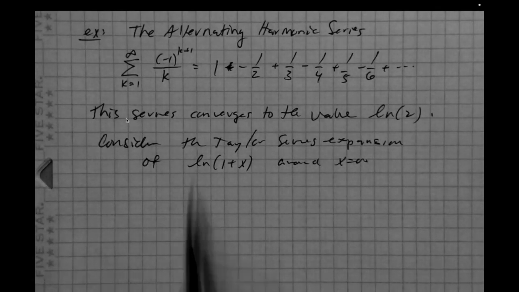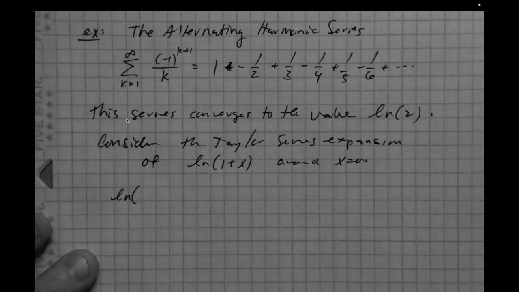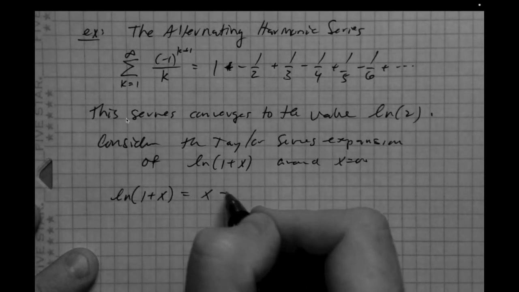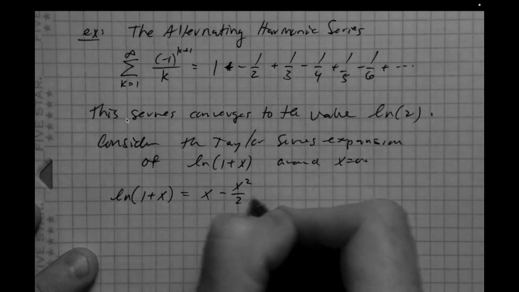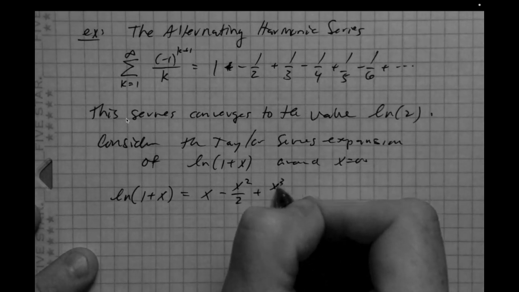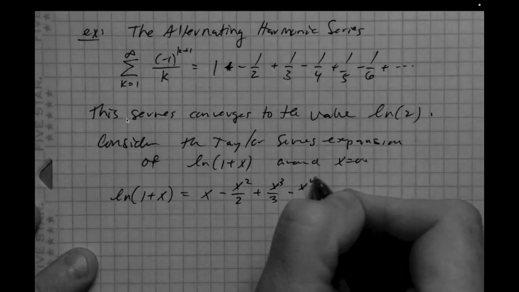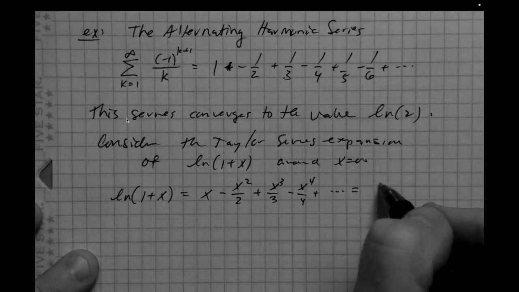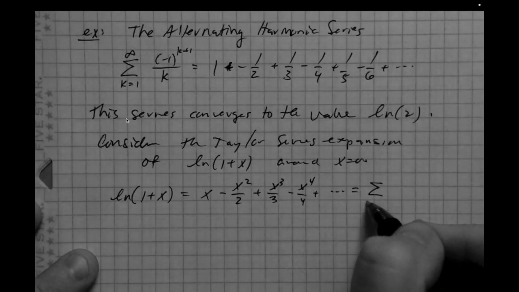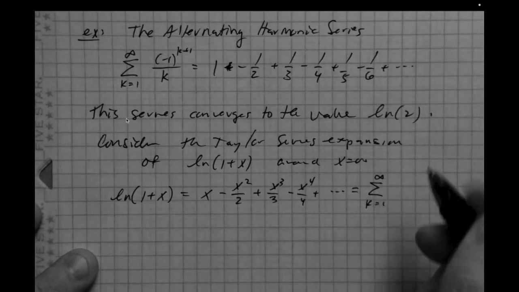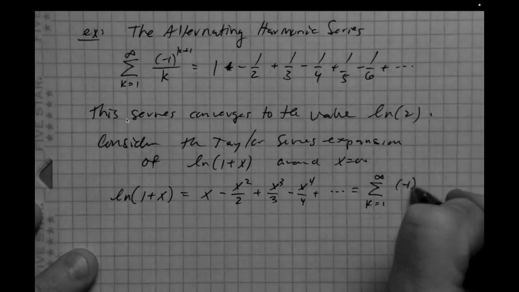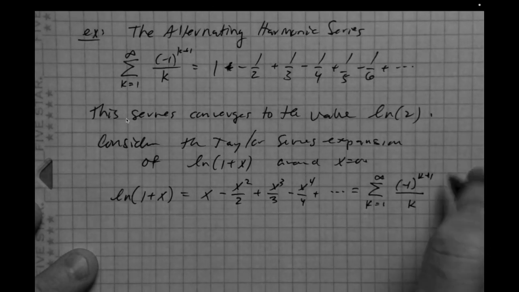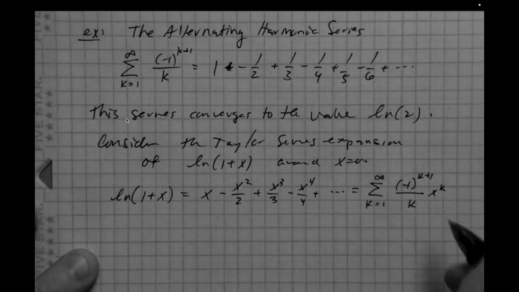You may not remember this, you can look it up, but the natural log of 1 plus x is equal to x minus x squared over 2 plus x cubed over 3 minus x to the 4th over 4 plus and so on. It's ultimately equal to the sum as k goes from 1 to infinity of negative 1 to the k plus 1 over k times x to the k.